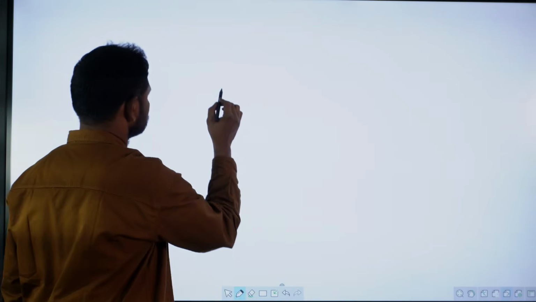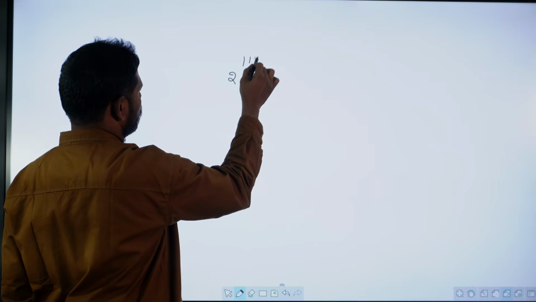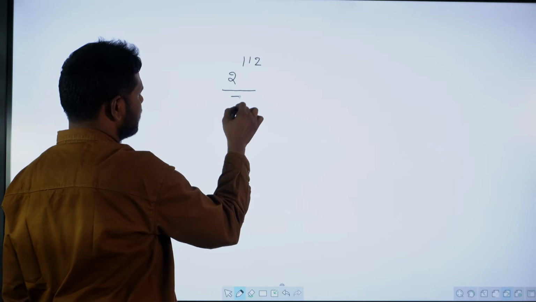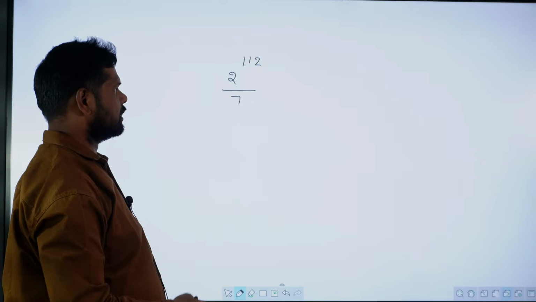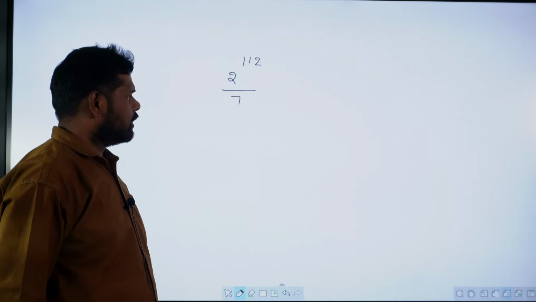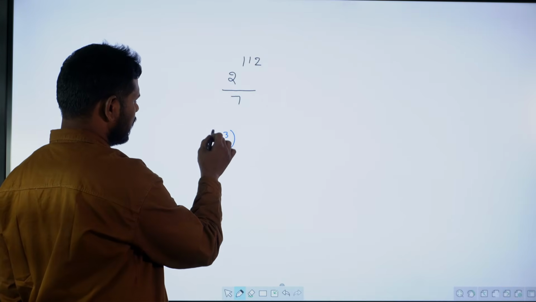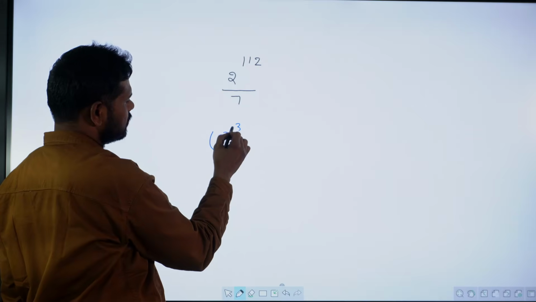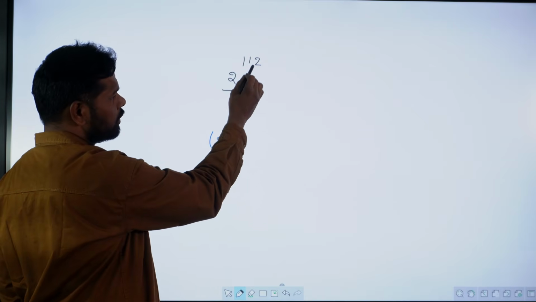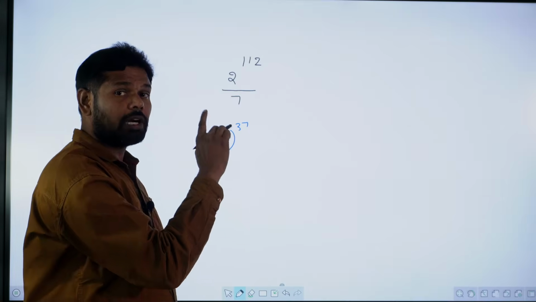Suppose 2 power 112 is divided by 7. What is the remainder? Again you try for 2 cube multiples. 2 cube, I write here 3 times 37 is 111, and still one more 2 is there.